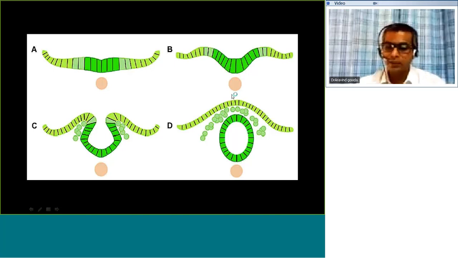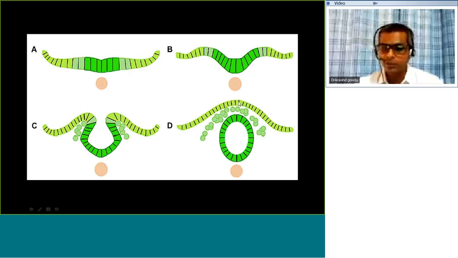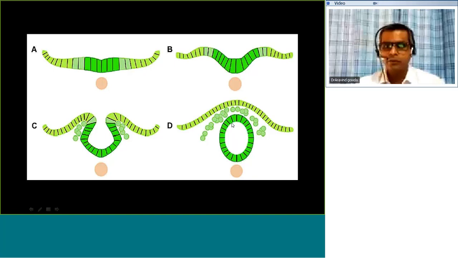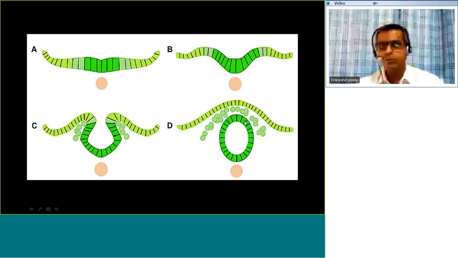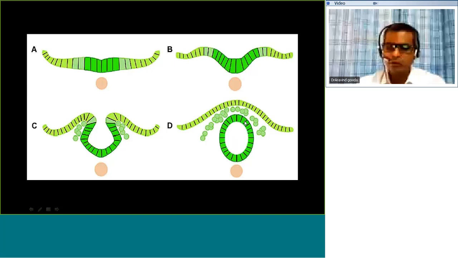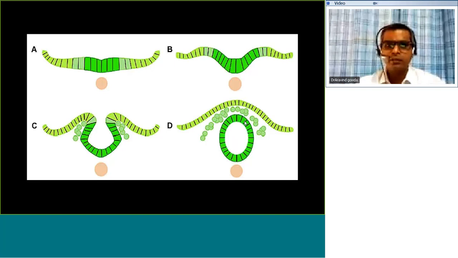These epidermal cells subsequently will give rise to the skin and the subcutaneous tissue. And the mesoderm will form the muscle and the bony tissues. And the neural tube will be formed. This process is called the primary neurulation.